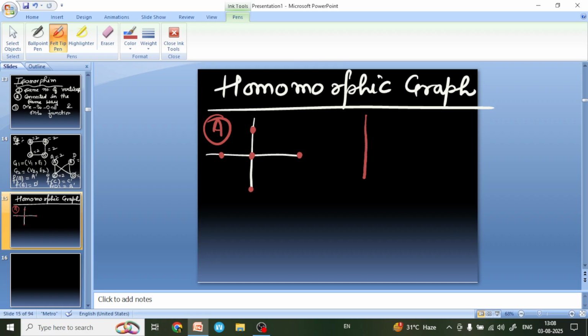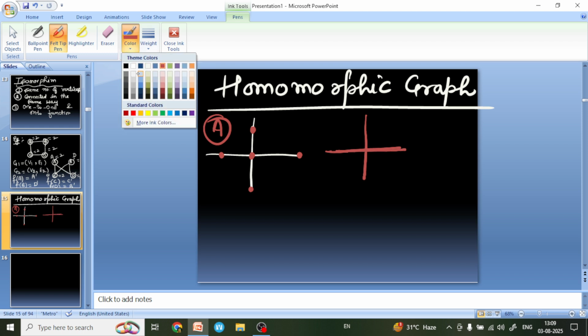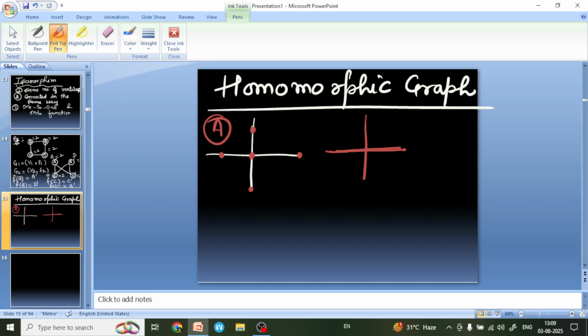I again draw the same graph like this, and I have taken here 1, 2, 3, 4, 5, 6, 7, 8, 9 vertices.